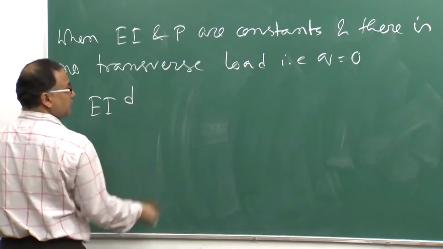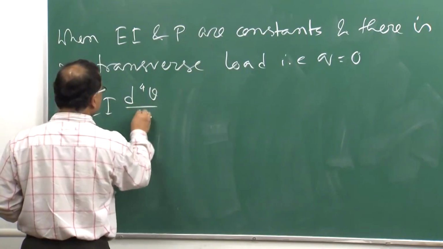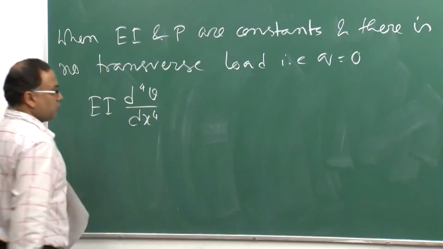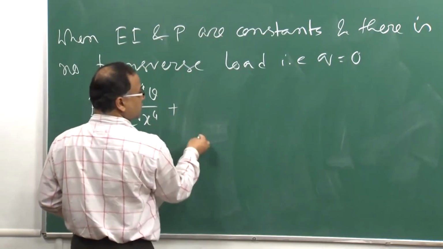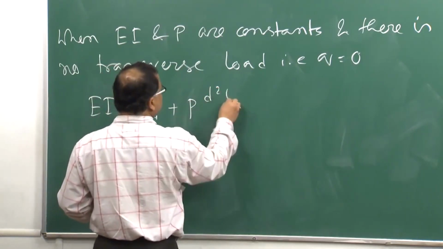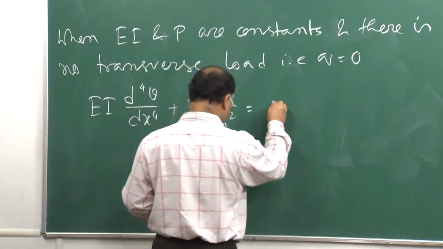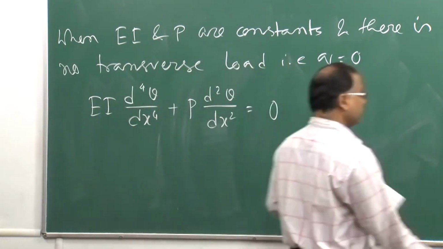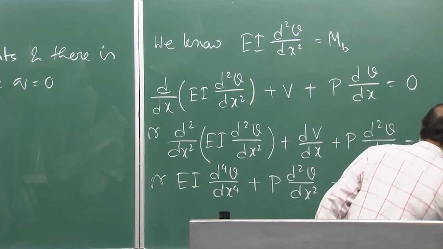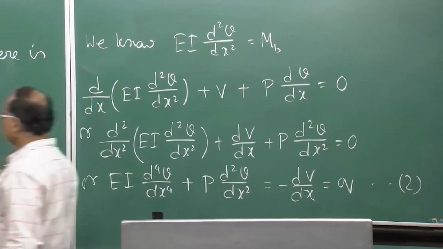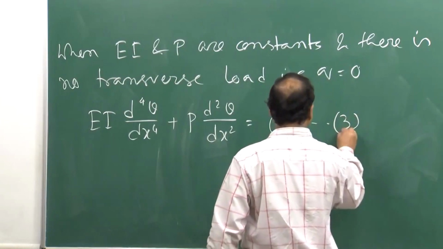EI d4v/dx4 plus P d2v/dx2 equal to 0. So that was equation 2 I called, and this is your equation 3.